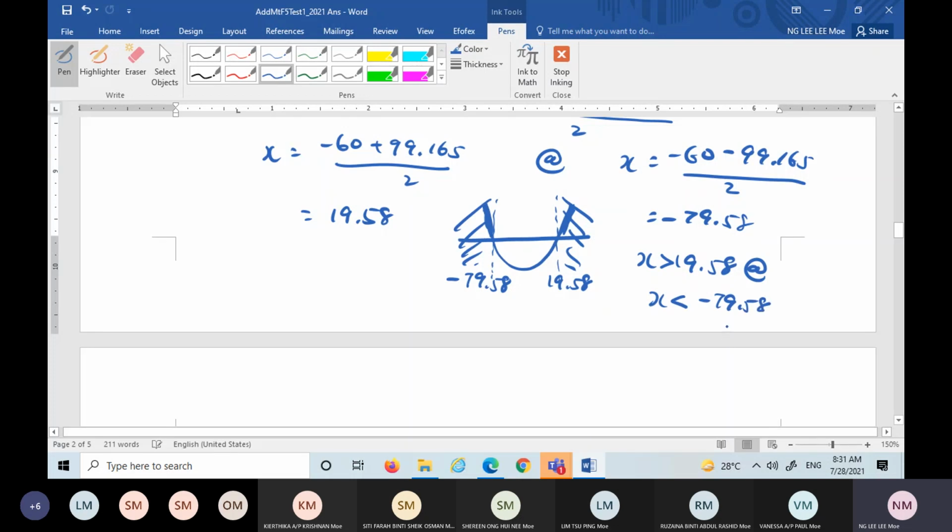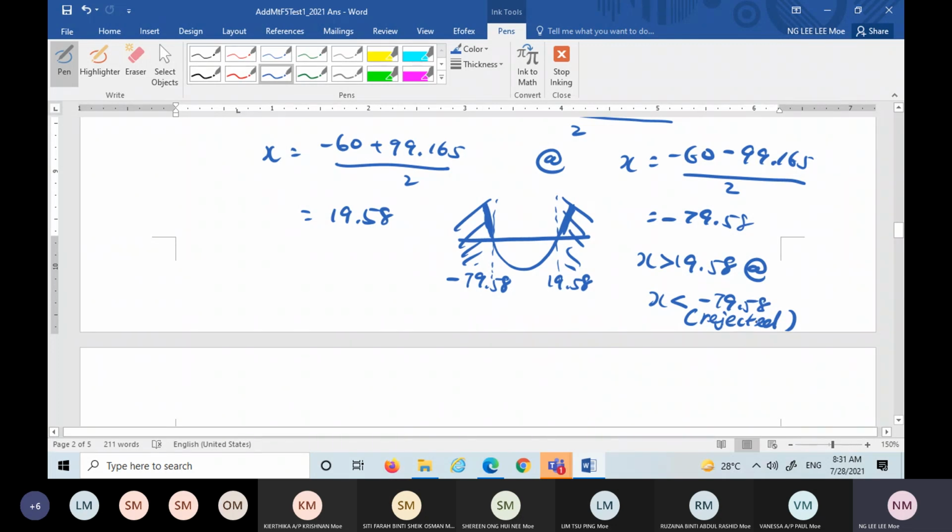But you know that in this question, x is the length of the wiper, so x cannot take a value smaller than negative 79.58. Therefore x is greater than 19.58, and this one you got to reject, because x is the length of the wiper, so it cannot take a negative value.